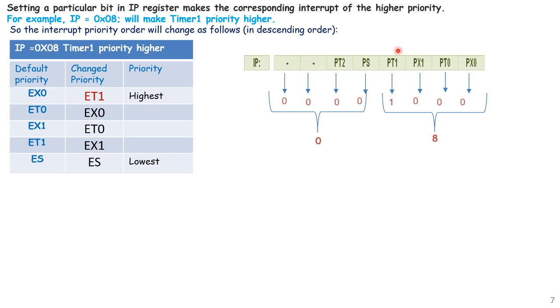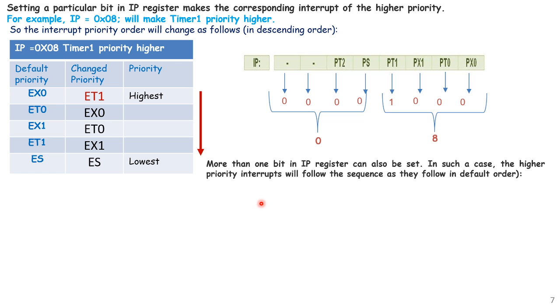So PT1 means that bit, ET1, has the highest priority, and the others follow the default: this bit has higher priority, then this, then this, then this. So the highest one is timer 1 and the default priority remains as it is, highest to lowest. So this is one example.